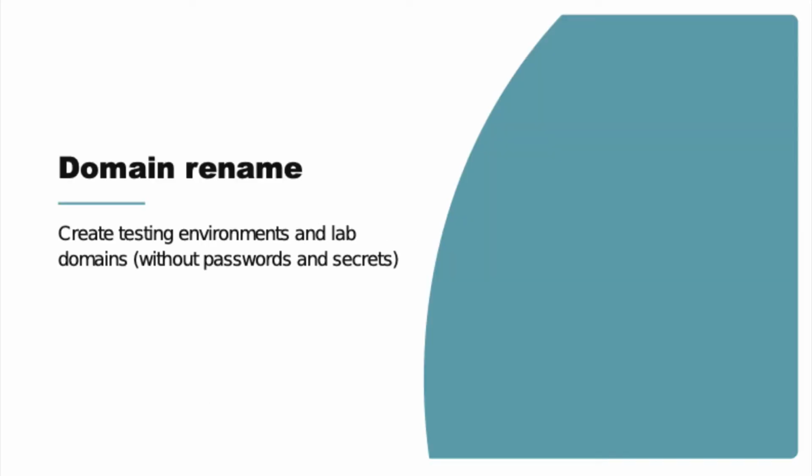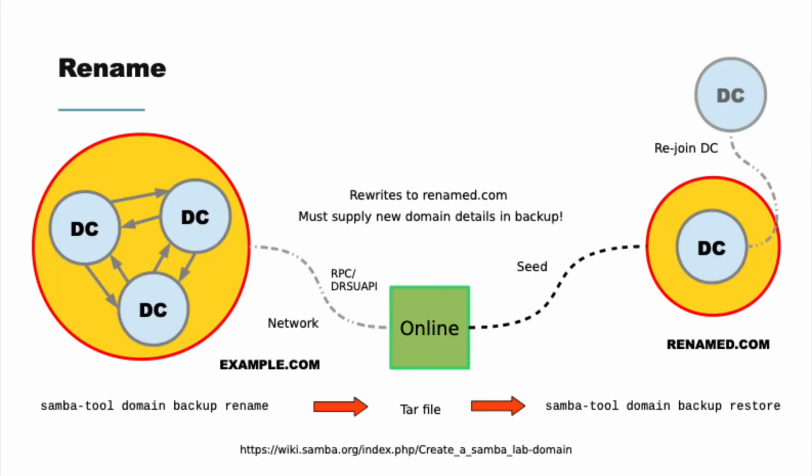One of the other things that we introduced was domain rename, so we can create test environments and lab domains without passwords and secrets. It works in basically the same way, except it only works online. When it receives the replication data from the original network, it changes the top-level object in the LDAP tree and renames everything from that, and it all just seems to work.